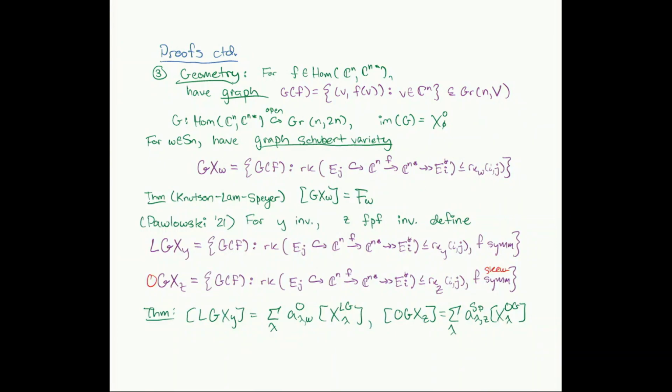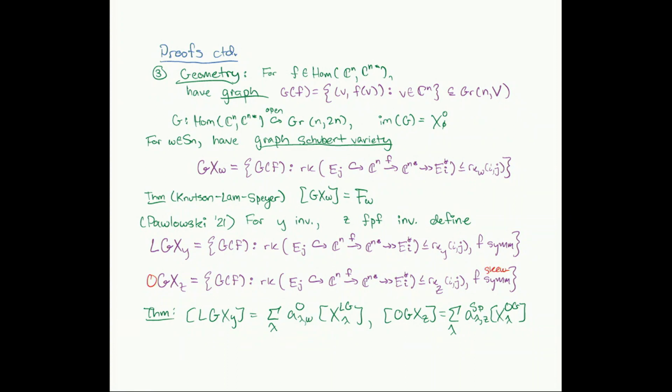So the graph of a linear transformation is the set of pairs input, output. And if you do this for all homomorphisms, you get an embedding of G into the Grassmannian of GR n, 2n.